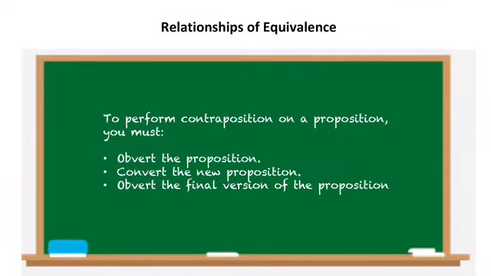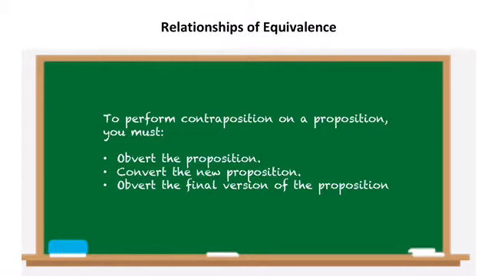And to perform contraposition on a proposition, you have to do 3 things, okay? Let's go slowly over this. First off, you have to obvert the proposition. Okay, that's the one we talked about at the beginning of the video, the one we reviewed from the last time. You first obvert the proposition.